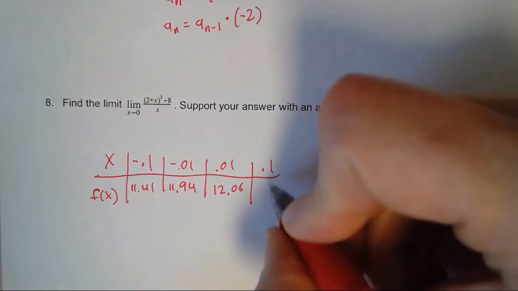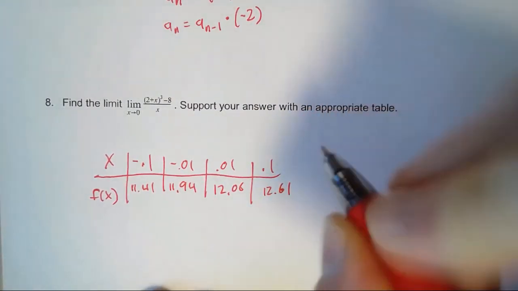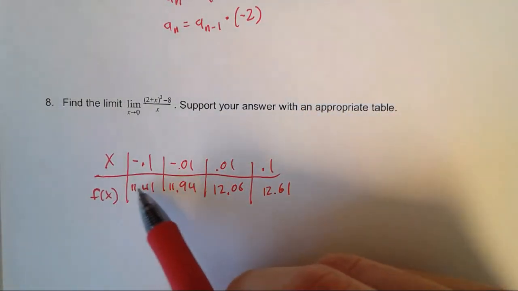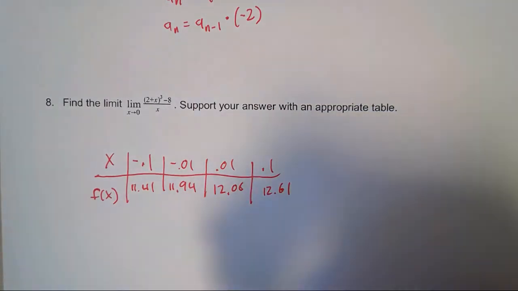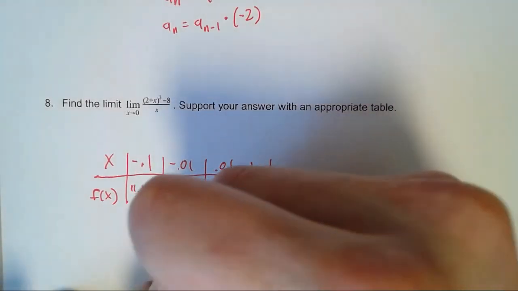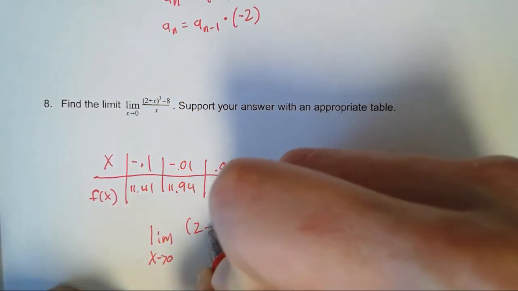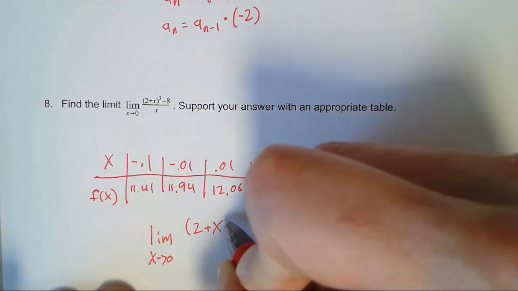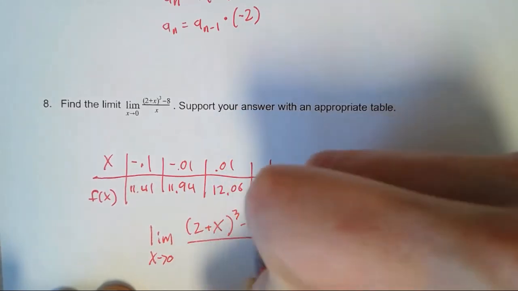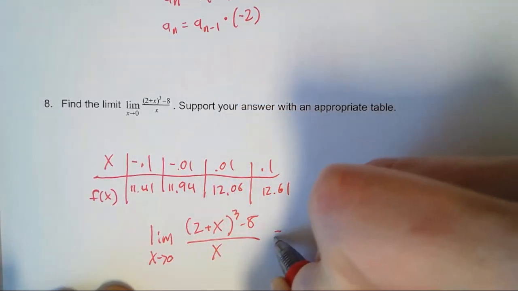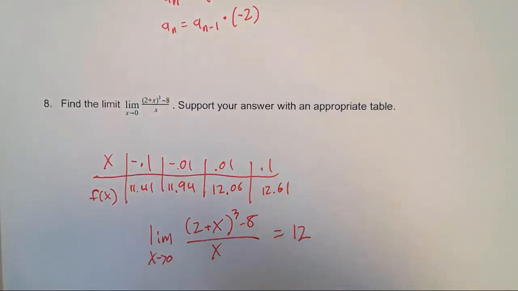And we get 12.61. So from this side, it seems to be approaching 12, and from this side, it seems to be approaching 12. So that is the limit. As (2 plus x) cubed minus 8 over x gets closer and closer to 0, the values approach 12.